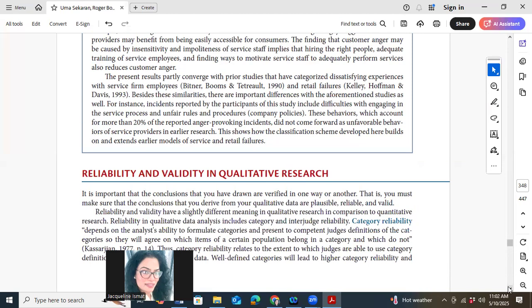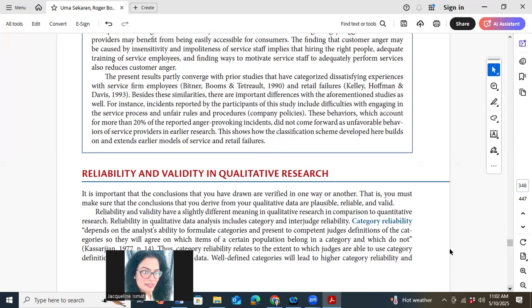Besides the similarities there are important differences with the previously mentioned studies. For instance, incidents reported by participants of the study include difficulties with engaging in the service process, unfair reviews and estimation, and unfair policies. These behaviors account for 20% of the reported anger-related incidents.